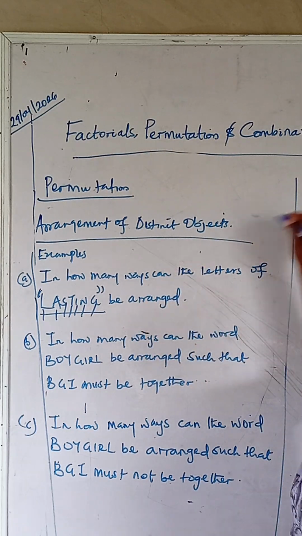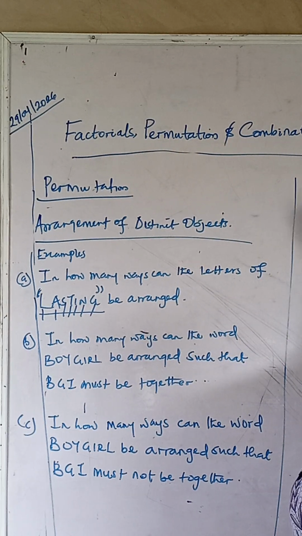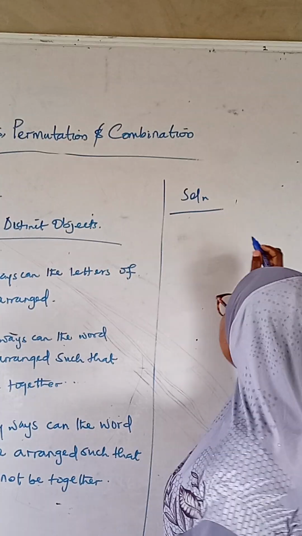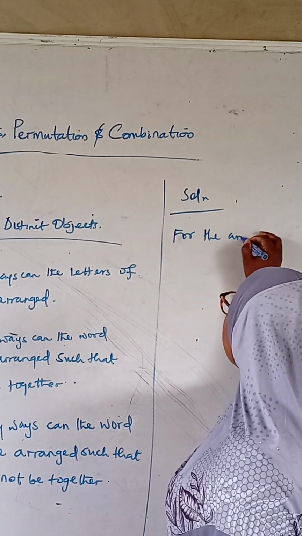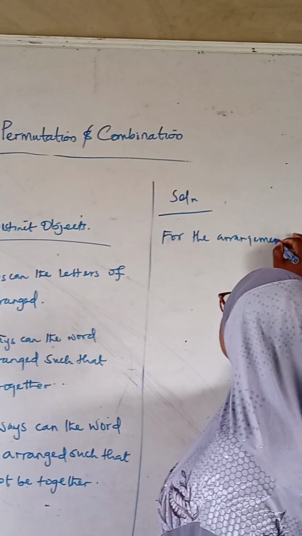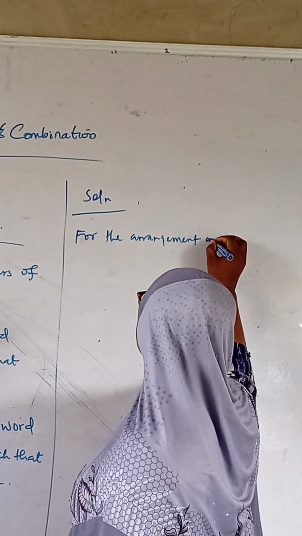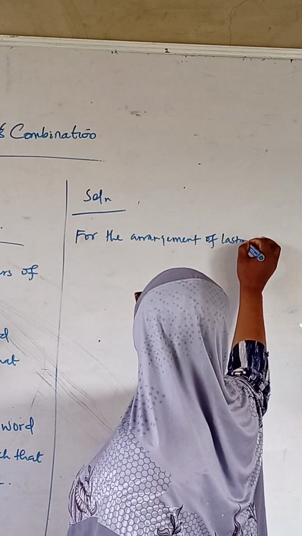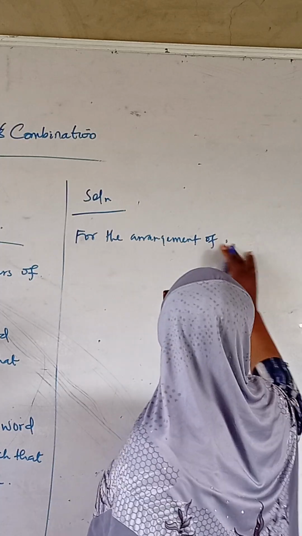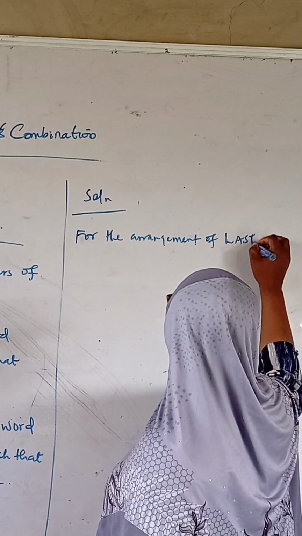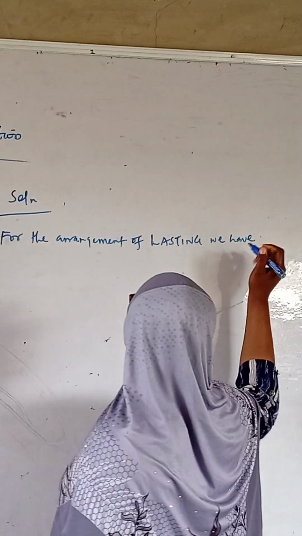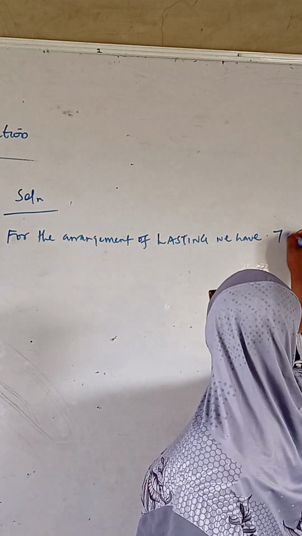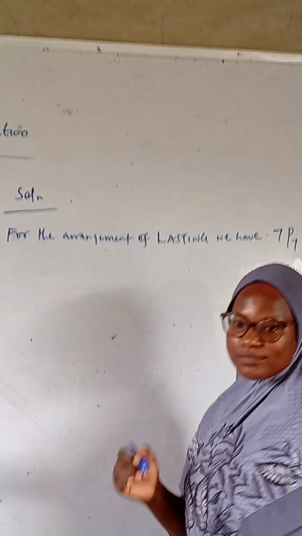For the arrangement of LAST THING, solution: for the arrangement of LAST THING, we have 7 permutation 7.